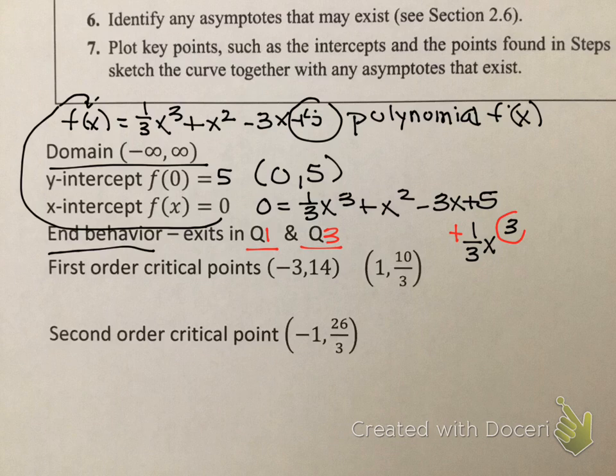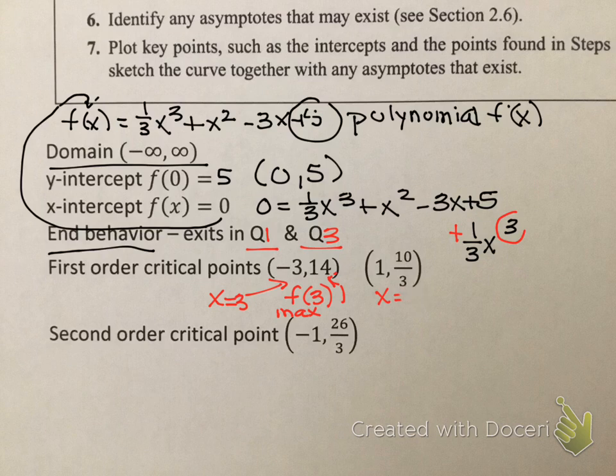The first order critical points that we found a while ago, remember how we found x is equal to 3? Well, if I had done f of 3 in my original function, I would have gotten out 14. Same here. When I had this critical point, our first one was a local max.